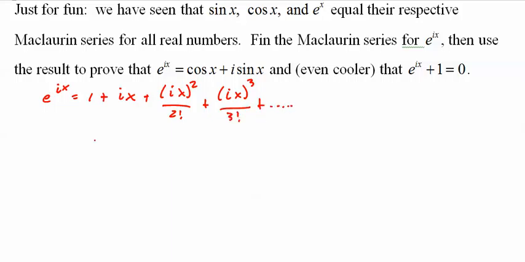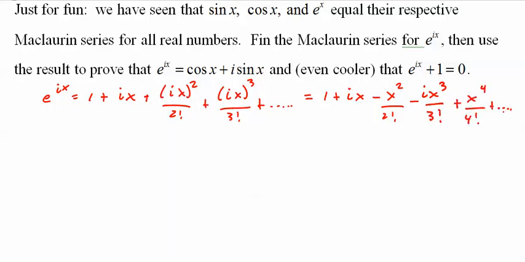If you know anything about imaginary numbers, you would get 1 plus ix minus x squared over 2 factorial minus ix to the third over 3 factorial plus x to the fourth over 4 factorial, dot, dot, dot. Complicated stuff.